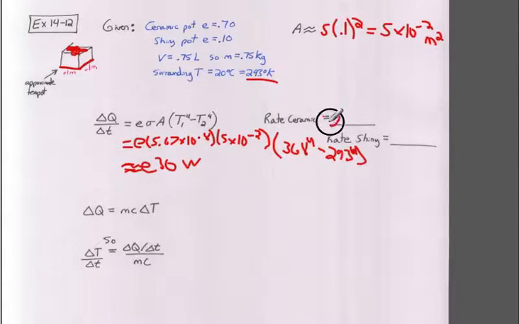So for the ceramic teapot, its power or heat loss is 20 watts, and for the shiny teapot, that means it's real shiny, it's not going to be losing too much heat because of this. It's crazy that shininess affects it that much. What's 0.1 times 30? 3? Yeah. So that's 3 watts.